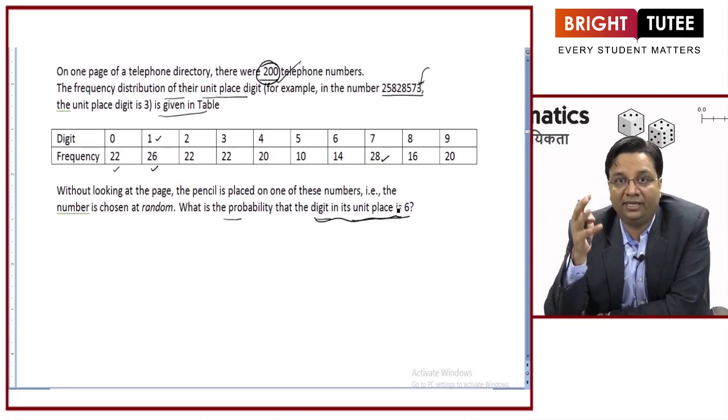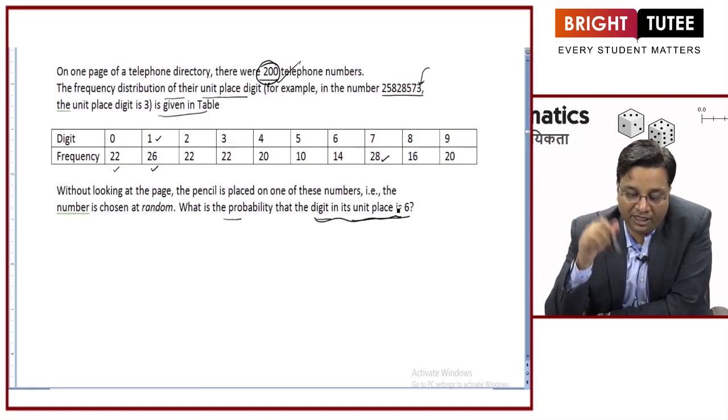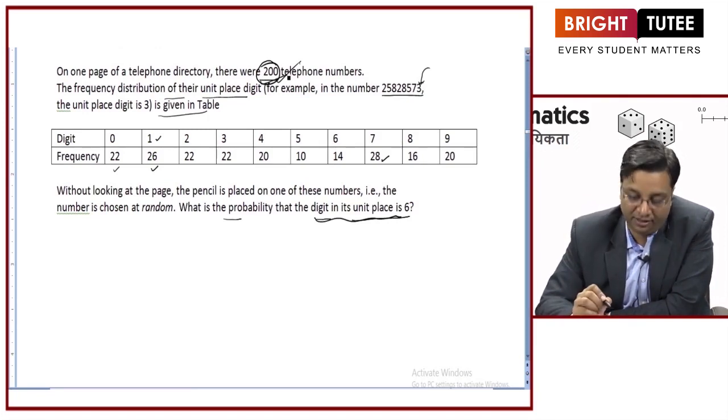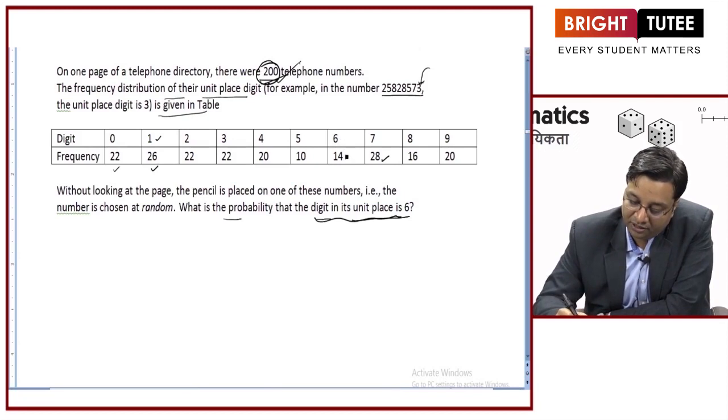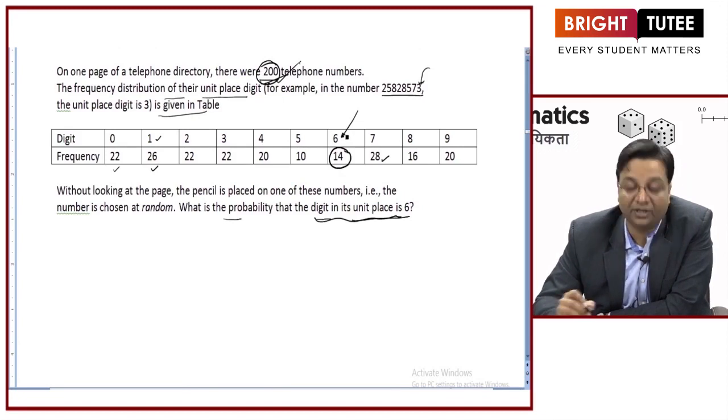Now how many times will that event occur? When you keep placing your pencil, how many times did that event occur out of 200 telephone numbers? There were 14 times there was 6 at the units place.